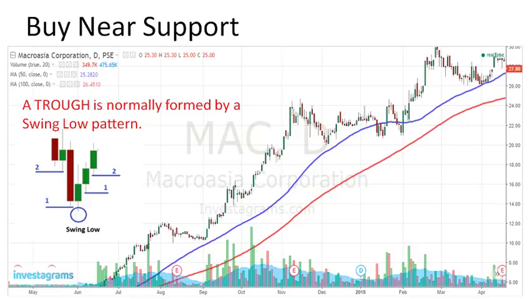And then after this third candle, na lowest low, the next 2 candles are higher lows na. So this is a swing low.